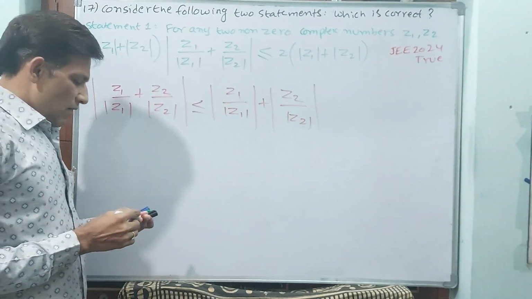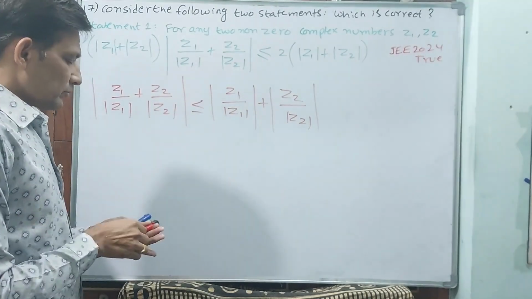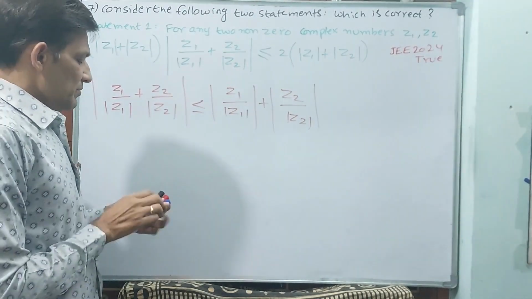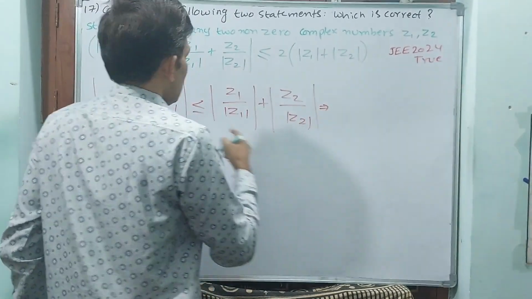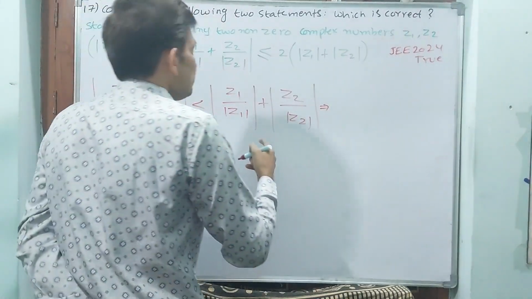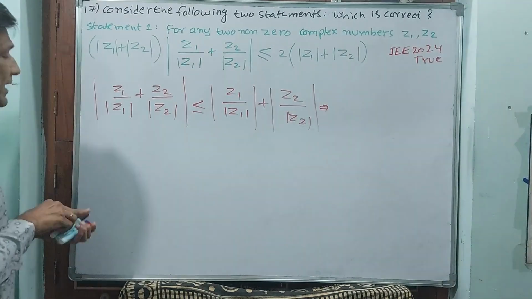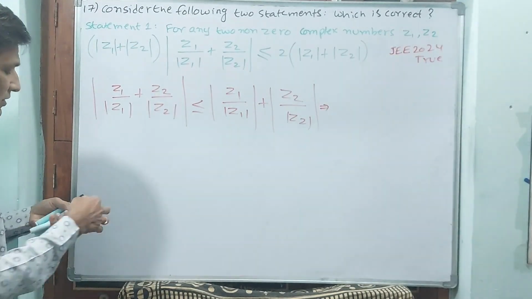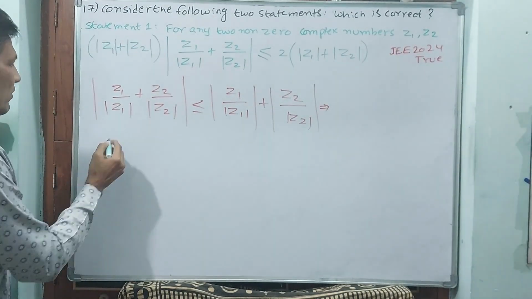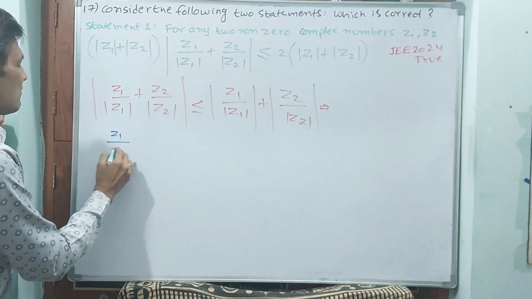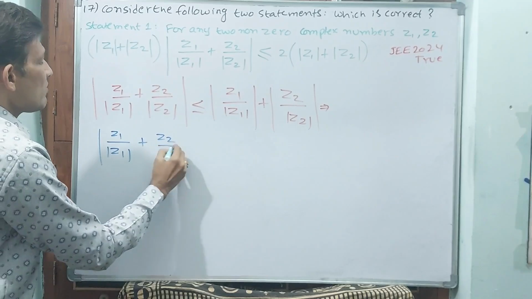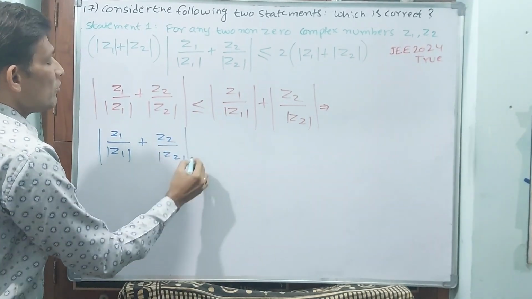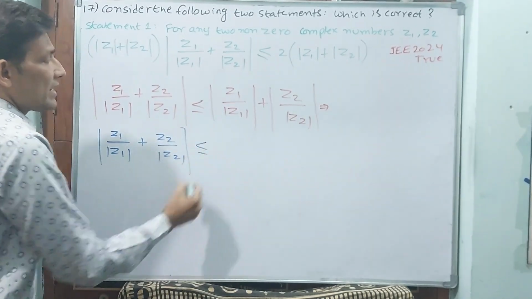Now again, the same thing I will write. I am writing only the RHS, because of this only I have written it separately. Once again I will write: Z1 by modulus of Z1 plus Z2 by modulus of Z2, whole modulus, is less than or equal to.